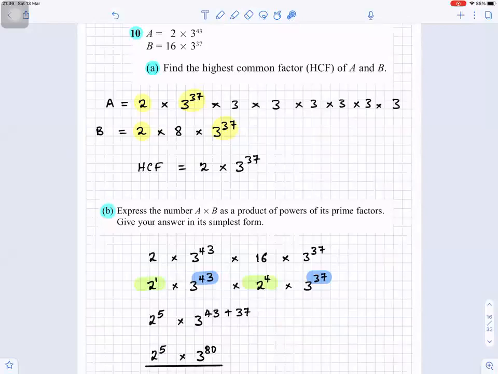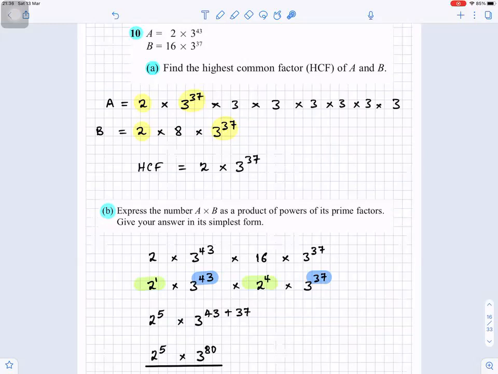So if we write A as 2 times 3 to the power 37, 43 minus 37 gives us 6. So we need to put 6 more 3s. 1, 2, 3, 4, 5, 6. Because 6 plus 37 is 43.